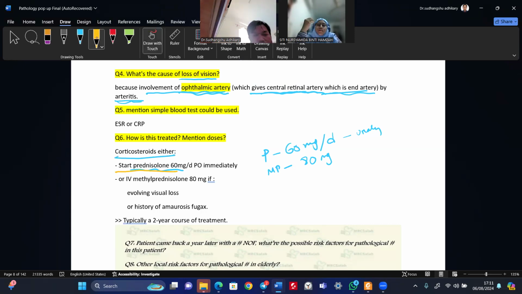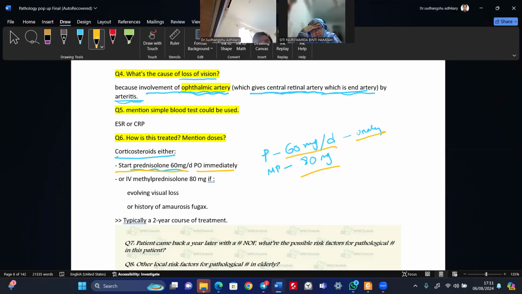Give prednisolone 60 milligram per day orally immediately, or IV methylprednisolone 80 milligram if involving visual loss or history of amaurosis fugax. And then typically the patient needs to be on steroid for 2 years.